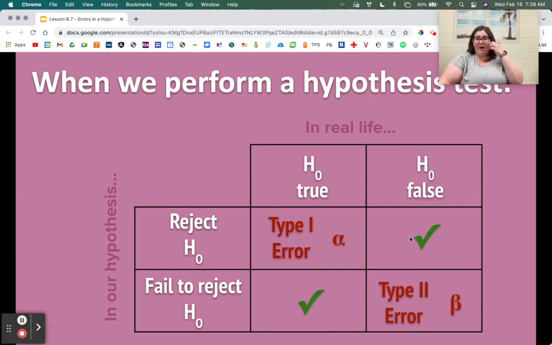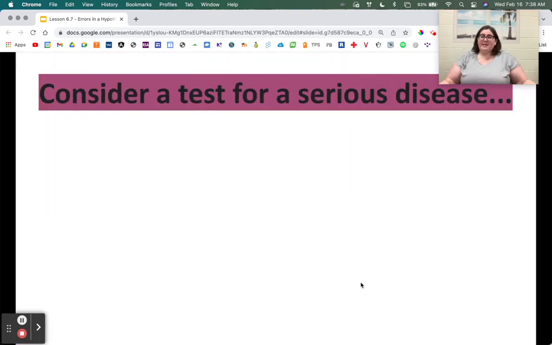Most of the time in a hypothesis test, one of these two things will happen. We will make the correct decision based on the evidence. But sometimes one of these errors happens, and we have to realize that that's a possibility in every hypothesis test that we do, and plan ahead and make sure that we're okay with that as an outcome, because it will happen.